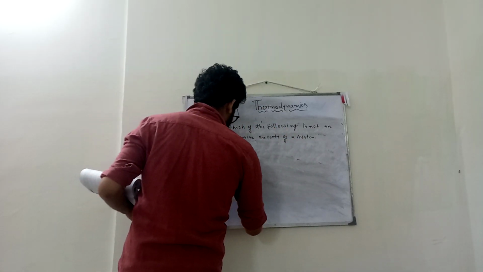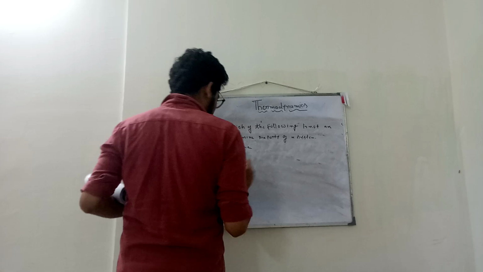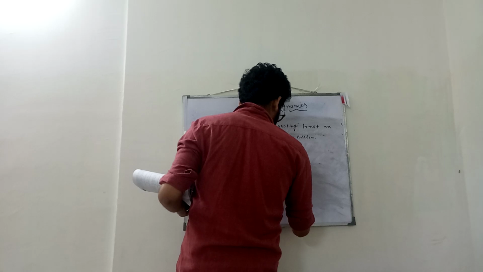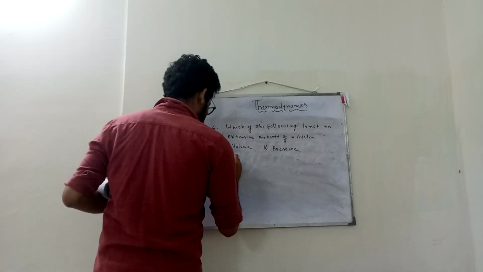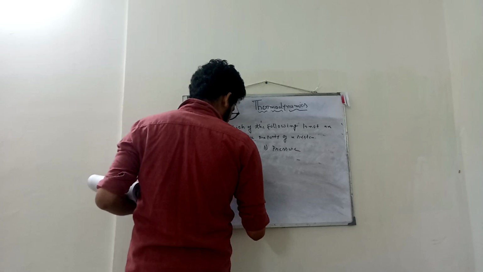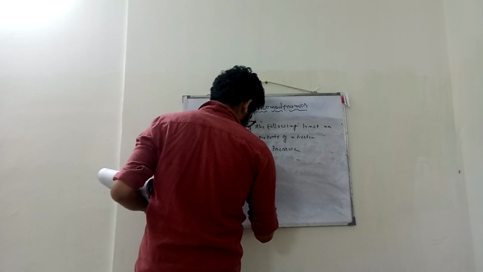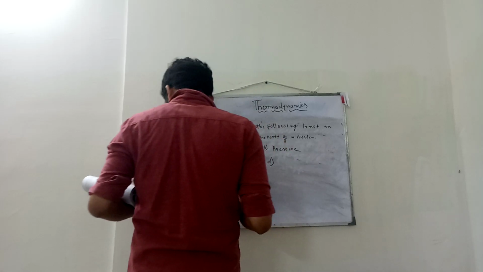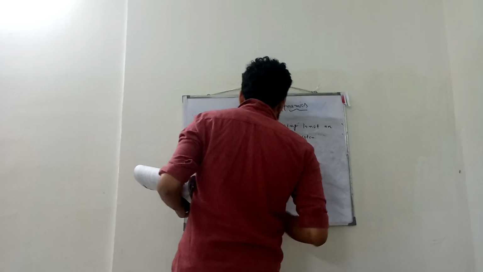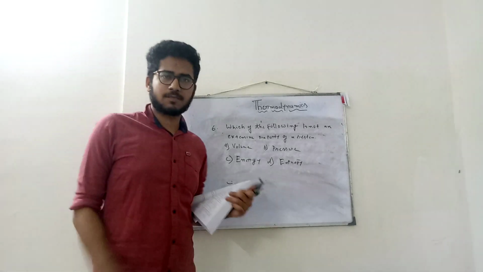A, volume. B, pressure. And C, energy. And D, entropy. Okay. Which of the following is not an extensive property? Tell me which one?